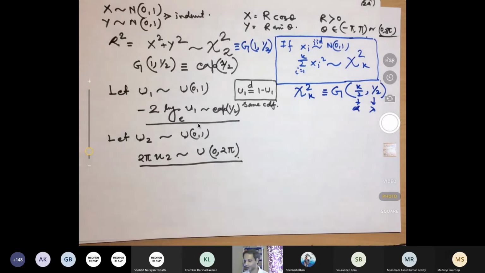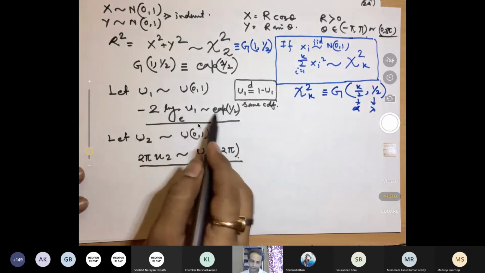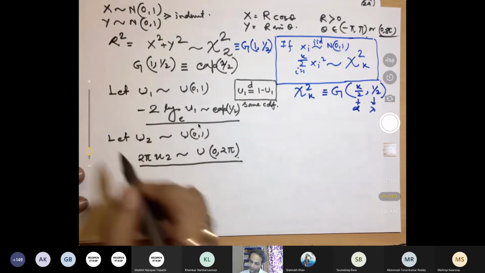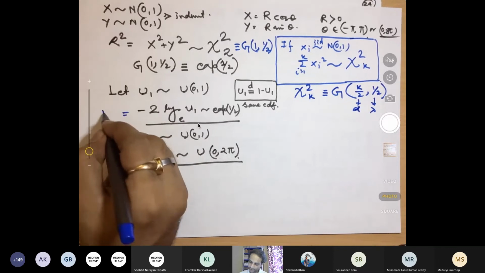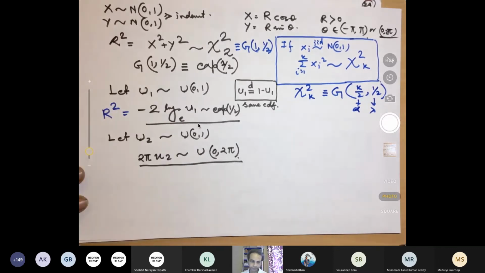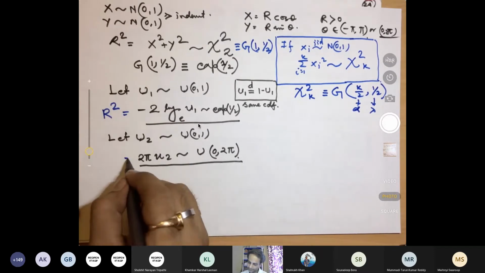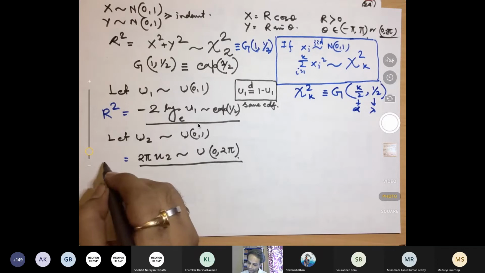So now let us see, can we assign this variable to R squared and this variable to capital Theta?